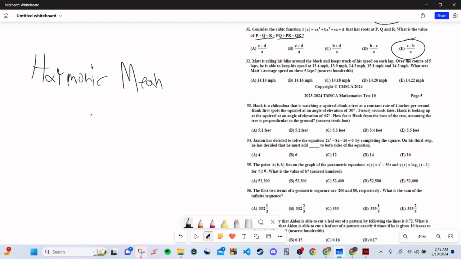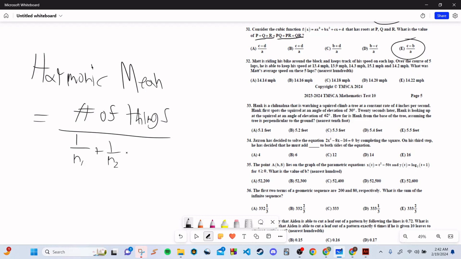To take the harmonic mean, it's the number of things over 1 over the first thing plus 1 over the second thing, all the way to your last thing.